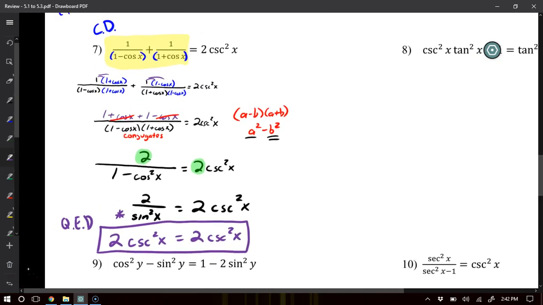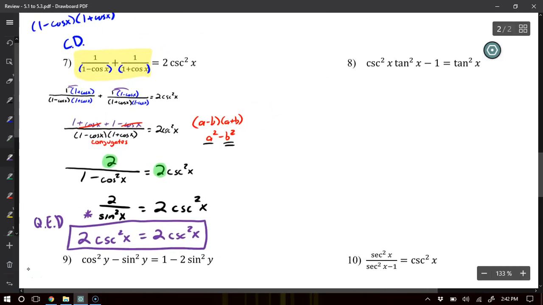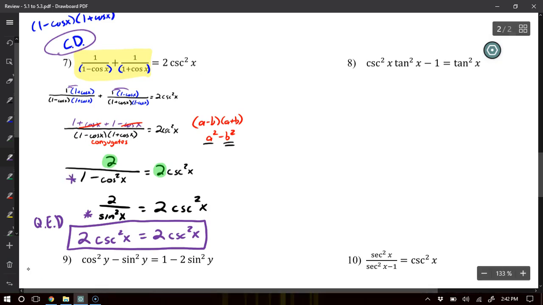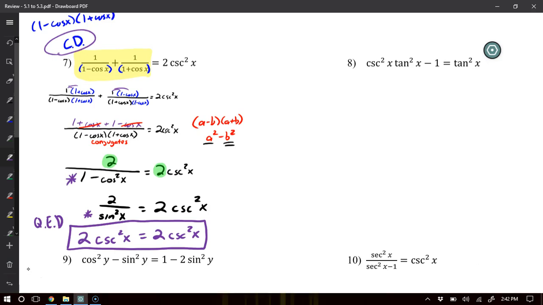So why this problem? It looks complicated, and I get that. But notice our theme. We are adding 2 fractions together, so we need to create a common denominator for it. That is a really important concept to understand. You add 2 fractions, you need to merge them into 1. We also have a Pythagorean identity as well, a squared trig ratio with the number 1. There's a very good chance it's an identity.